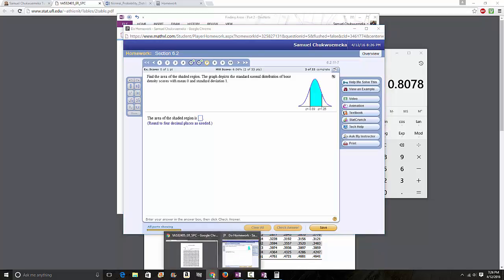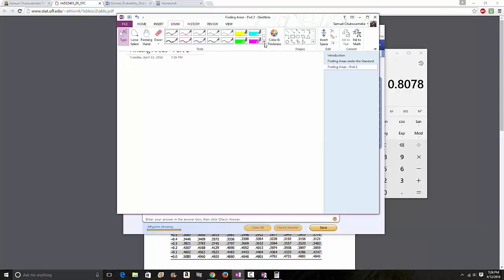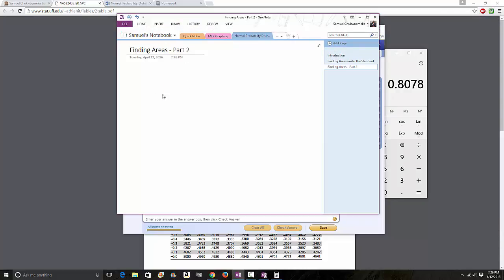Let me explain this using the left shaded area. This is what they asked us here. This is negative 0.89, Z is negative 0.89, and this other Z is 1.25.